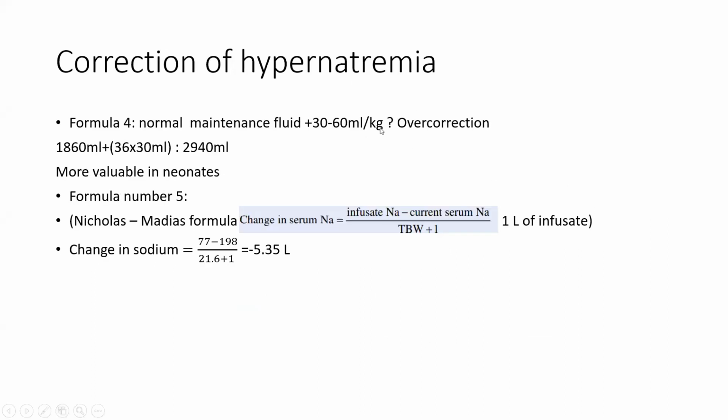So for children who have anuria and hypernatremic dehydration, it's better to use the lower dose of 30, that's for the neonate, but better still is to calculate using the Nicholas-Madian formula. That will tell you exactly how much sodium and fluid you need to correct. Kunga is a fellow in intensive care.